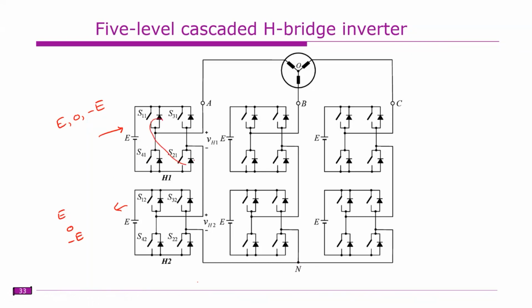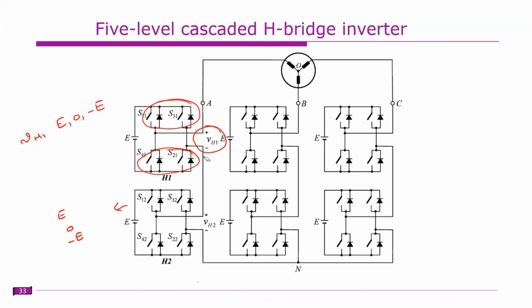If you turn on these two switches, the voltage across this, VH1, is E. Similarly, if you turn on these two switches, the voltage is minus E. If you turn on these upper two switches, the voltage is 0, or if you turn on the bottom two switches, the voltage is 0. So there are two possibilities to obtain 0 voltage: either turn on the upper two switches or the bottom two switches.